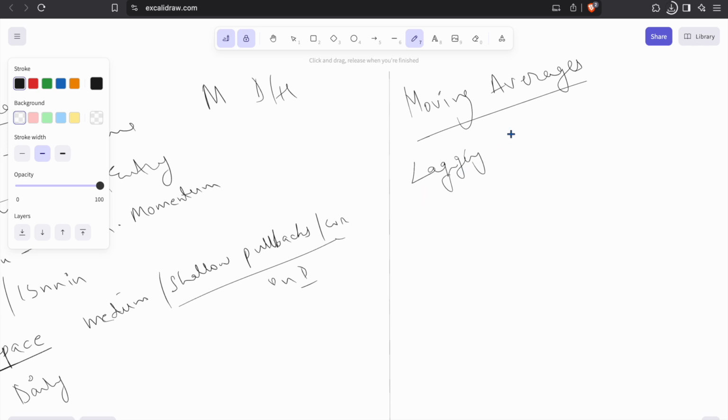Now, since they're lagging in nature, they give you space. They give space to the price. And they do not give you haphazard signals at a lot of frequency. They do give you false signals, but not as much as a pivot point would give you or a time frame would give you. Now, this is how it will help you in momentum.